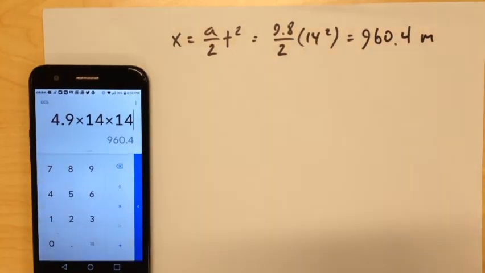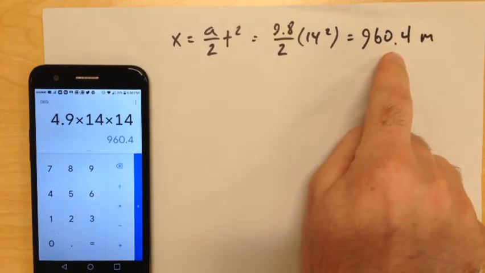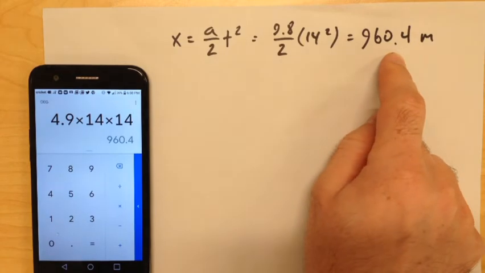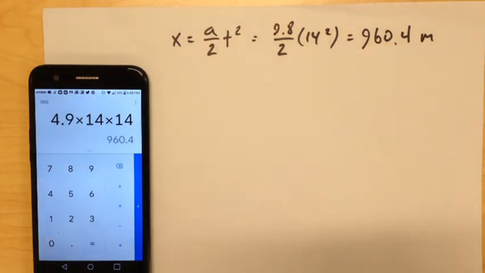So how far do you fall if you fall for 14 seconds? Without air resistance, 960.4 meters. And if you can reach up to your starting position from there with your whip, then your whip must be that long as well.